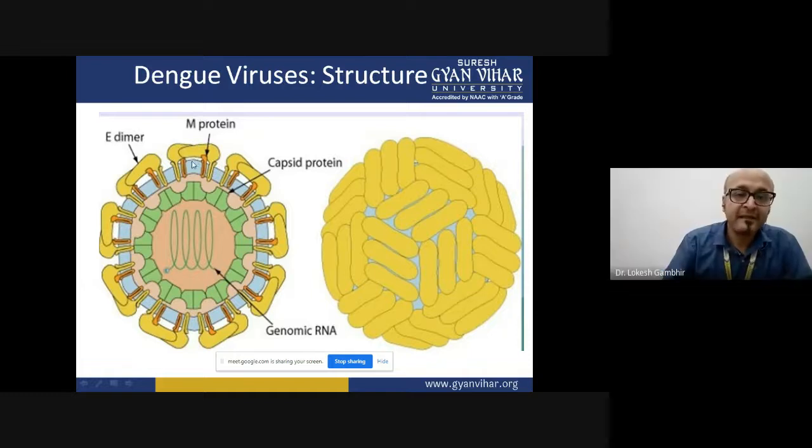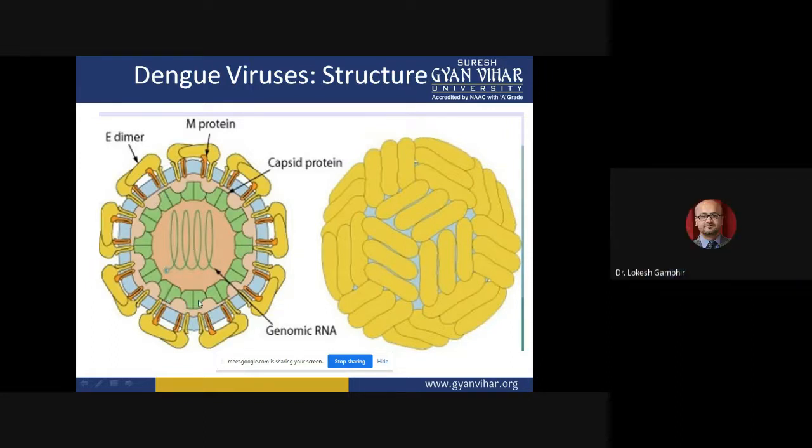And beneath that M protein there is a capsid, formed by the proteins responsible for making the capsid, which contains the single strand RNA genome. So the single strand RNA genome is encapsulated in the capsid protein, and then the capsid is surrounded by a lipid envelope, and that lipid envelope contains two proteins.